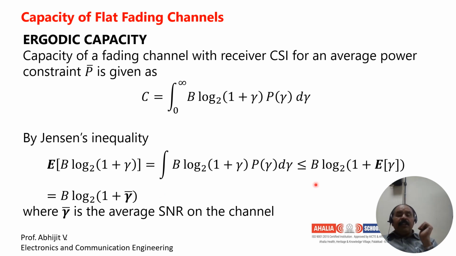This value is less than B log to the base 2 of 1 plus E of gamma, which is equal to B log to the base 2 of 1 plus gamma bar, where gamma bar is the average signal to noise ratio of the channel.